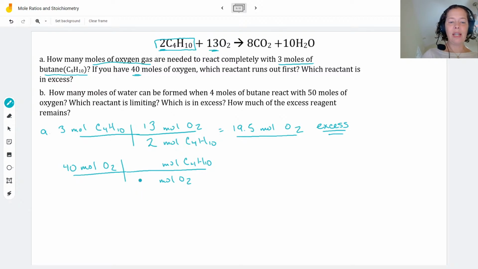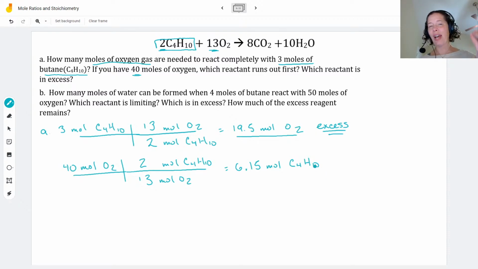I have a 13 in front of my O2, and I have a 2 in front of my butane, and this gives me, just 1 second while I try to figure out what 80 divided by 13 is, 6.15 moles of butane. Okay, so if I'm going to use up all of my oxygen, I need at least 6.15 moles of butane.